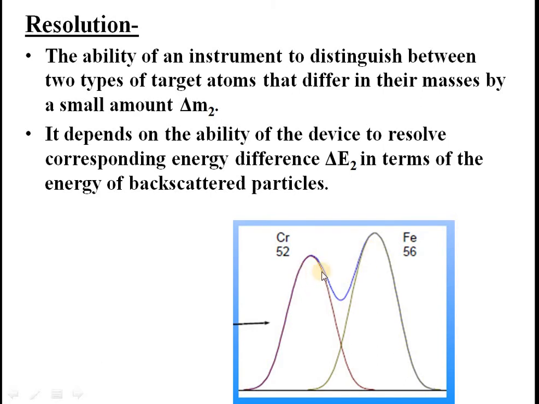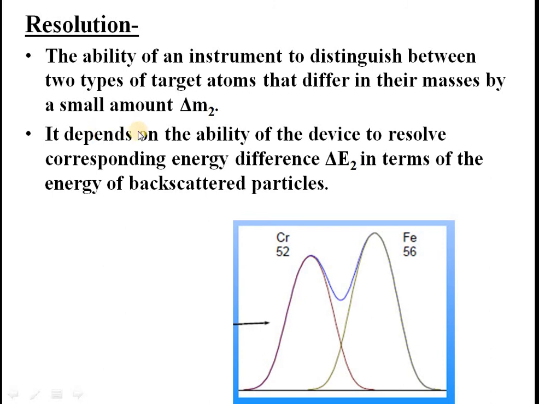Sometimes they may be merged very closely, so by using appropriate software techniques, computer analysis techniques, you have to separate them. There are peak separation techniques by which peaks can be separated. Sometimes they may be so close that they cannot be separated. Then we say that the device resolution is very low.